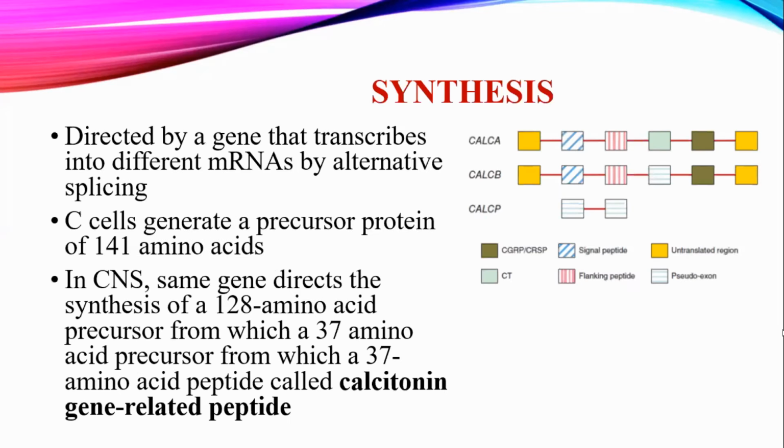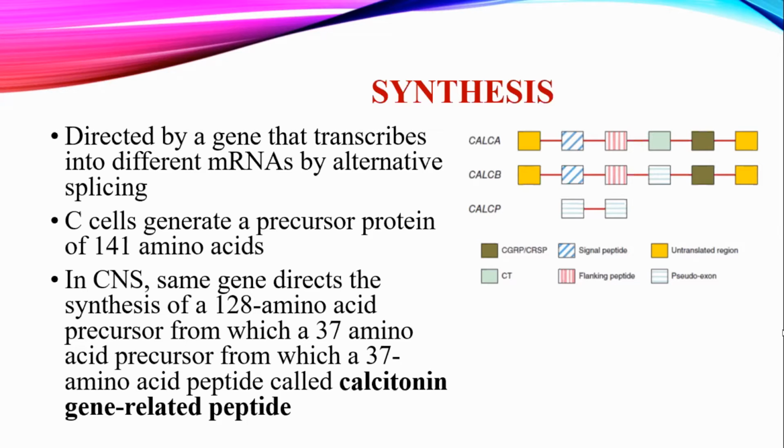Regarding synthesis, like other polypeptide hormones, it is synthesized as a pre-pro hormone from a transcribed gene. For the synthesis of calcitonin, two genes are involved, CALCA and CALCB.